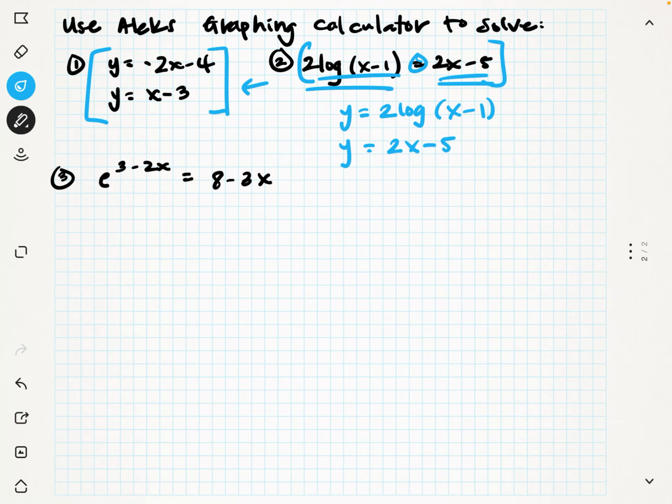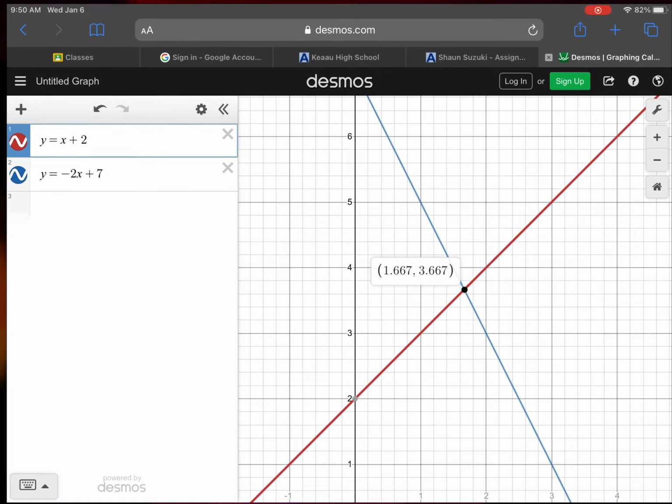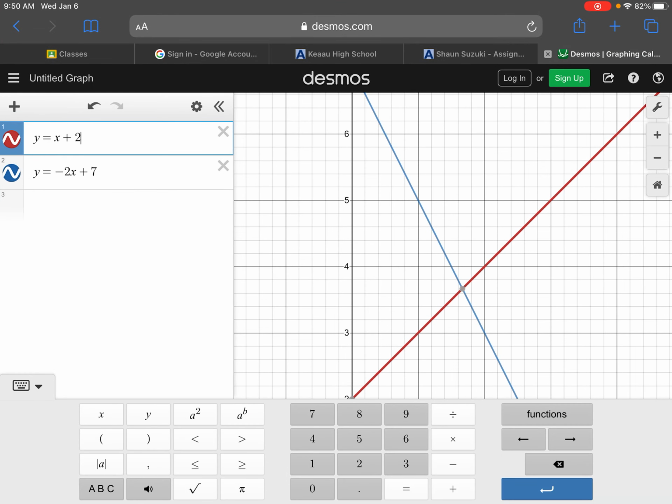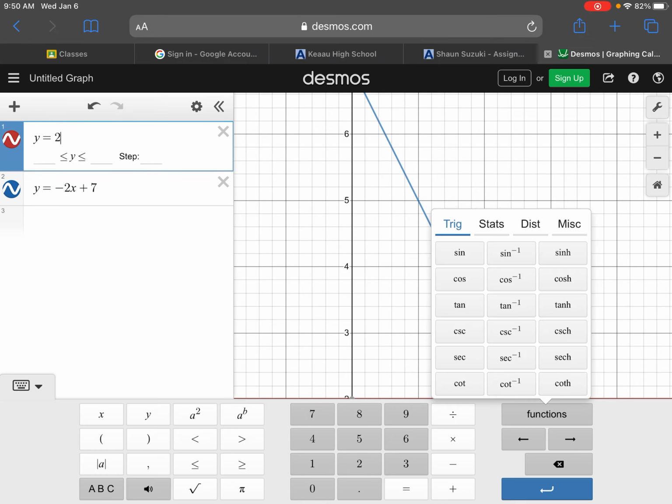And what we're going to do here is, well, let's do it in Desmos. You guys can do it in Alex if you want to, but it's just not working out for me. So 2 log x minus 1 and 2x minus 5. Okay. So we're going back in here, delete some stuff. Where's my log?